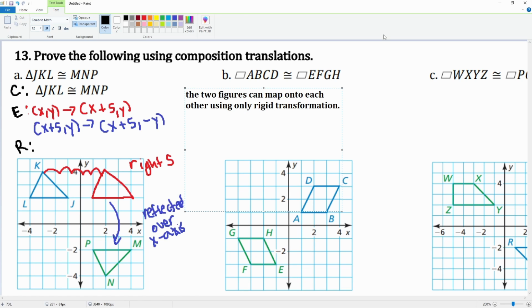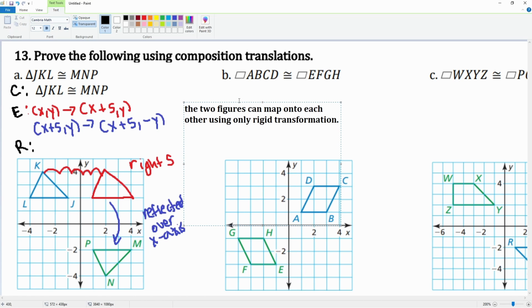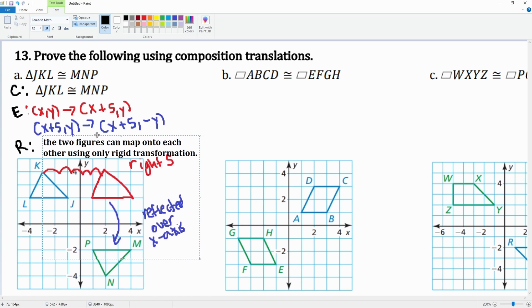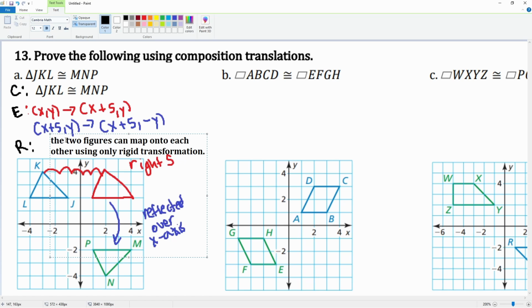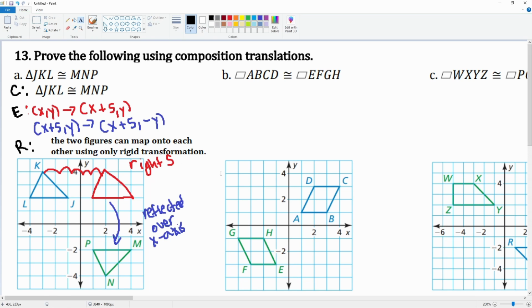That would be the complete explanation for what we are looking for. I'm going to copy this because I know I'm going to be using it again. There you go. That would be the reasoning. That's the claim, that's the evidence, that's the reasoning.